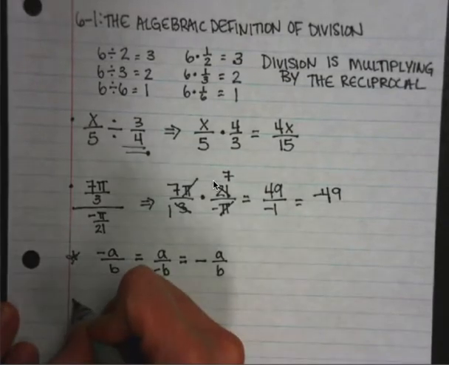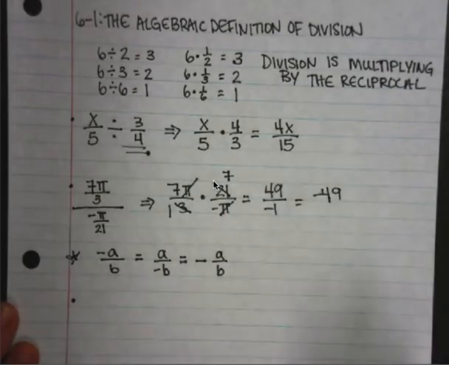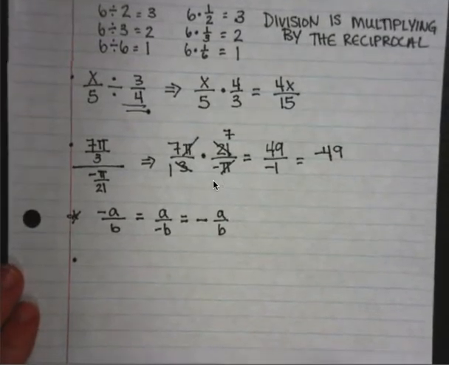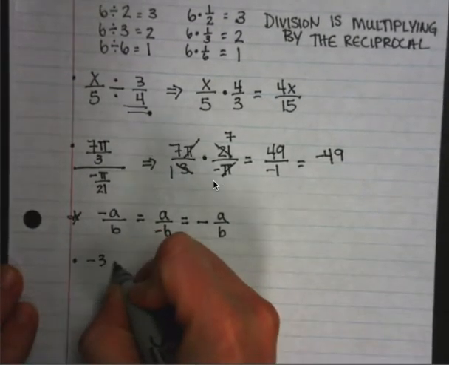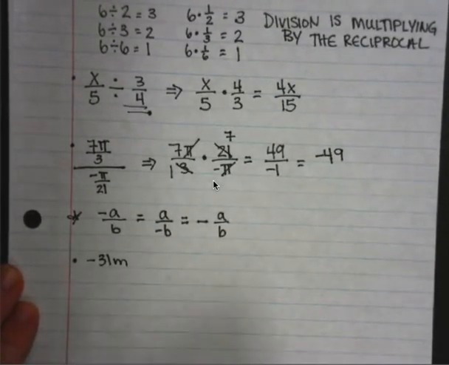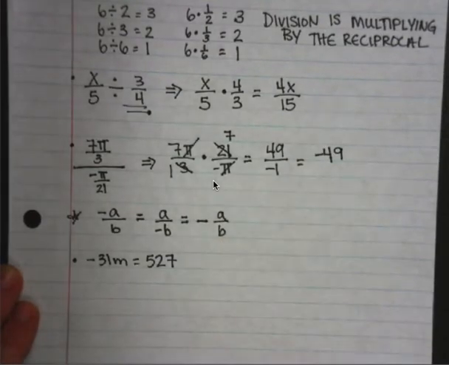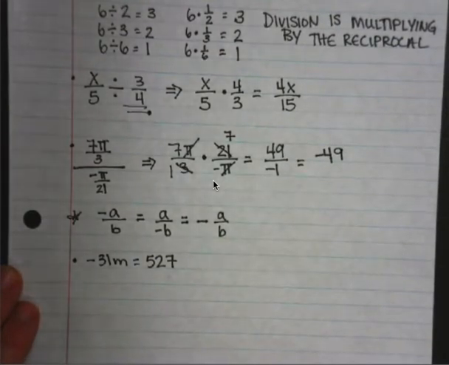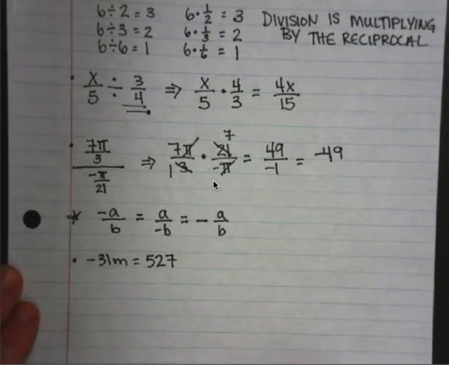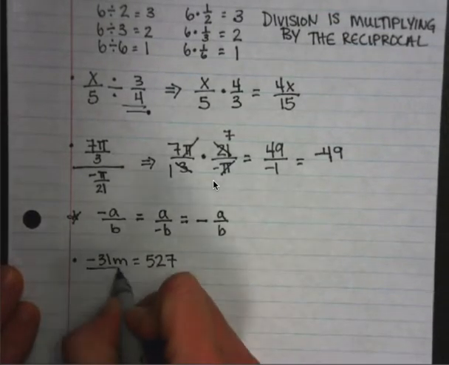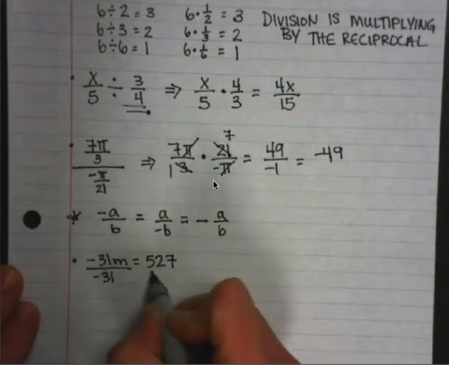We could use this whole concept of division to solve an algebra problem, which I know this is stuff we've probably already actually done. So there's two ways you could solve this problem. Probably 99% of you are going to go ahead and divide by negative 31.